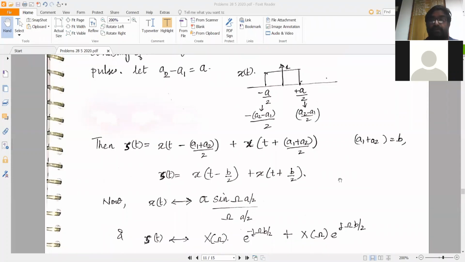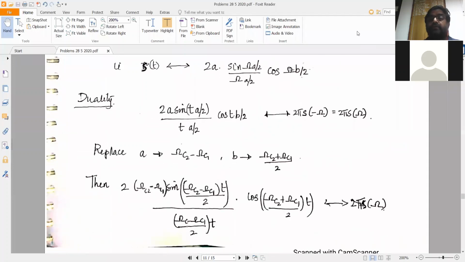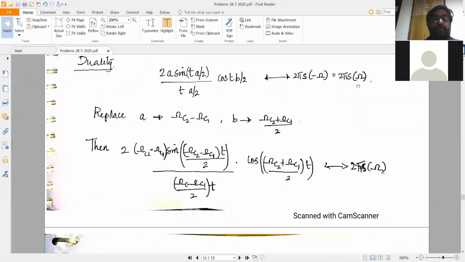Okay, so since this is an even function, now you can write 2a sine ta by 2 by ta by 2 into cos tb by 2 is Fourier transform 2 pi into s of minus omega, which is equal to 2 pi into s of omega.